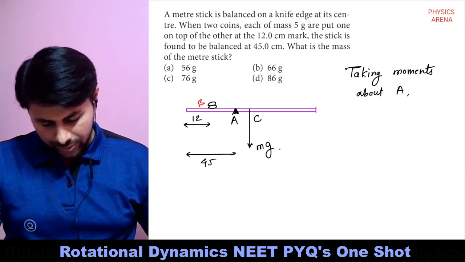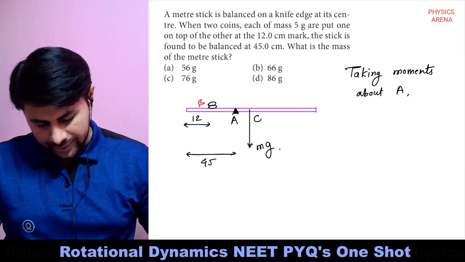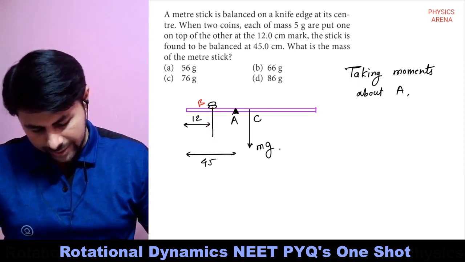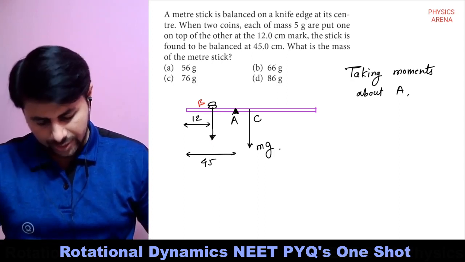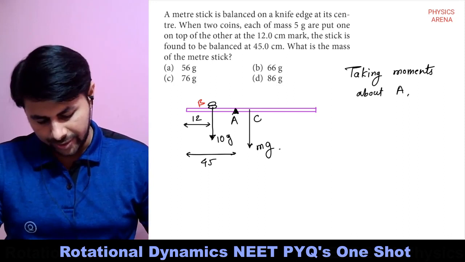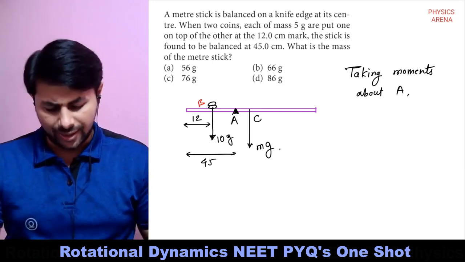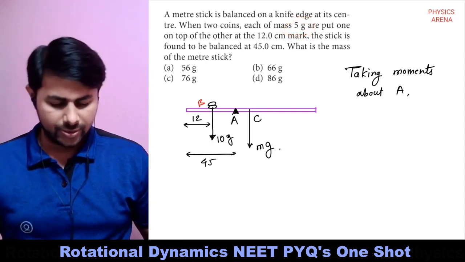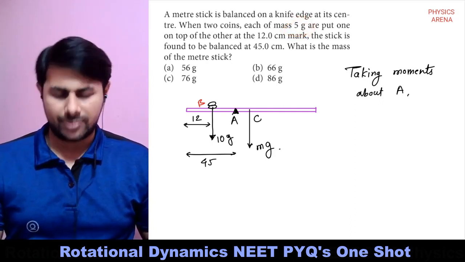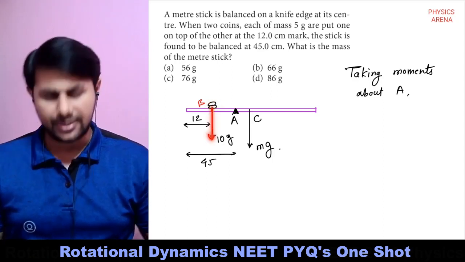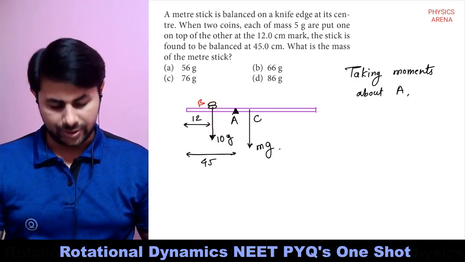The weight of the two coins will act downwards. And how much is that? It is 10 times g, 10 grams times g, because the mass of one coin is 5 grams, so the mass of two coins is 10 grams. So the weight is 10 times the acceleration due to gravity.